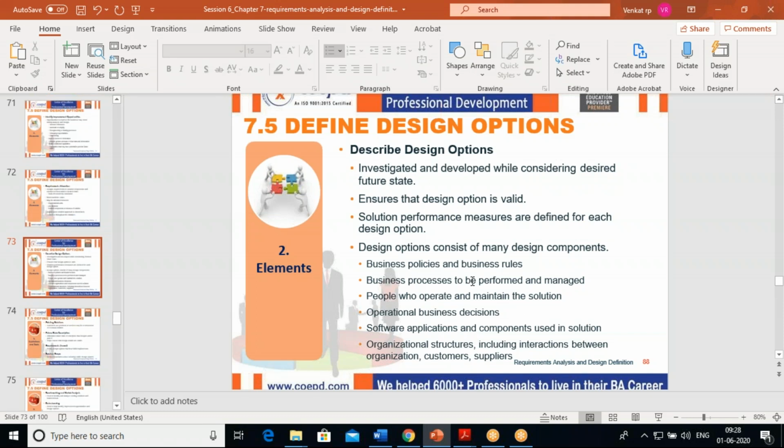And we have to understand that many design components are there, like the business policies and rules, the business processes to be performed and managed, and the people who operate and maintain the solution, operational benefits, business decisions. And here we have to understand the organization structure, including the interactions between the organization, customers, and suppliers. All this we have to consider, and various design options we can consider using it. Okay, got it clear on this?